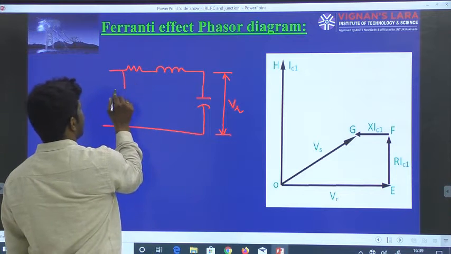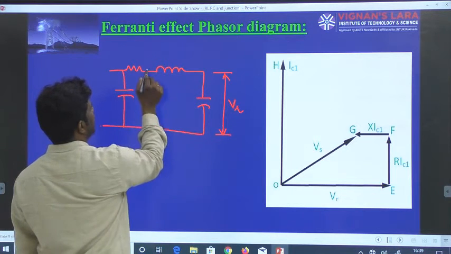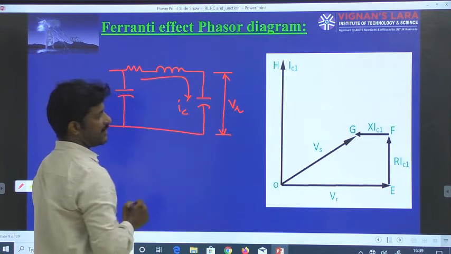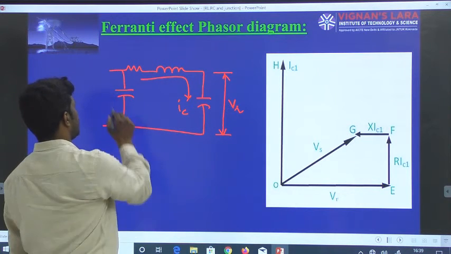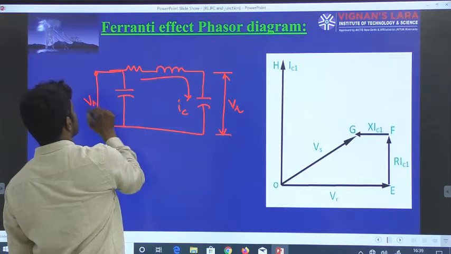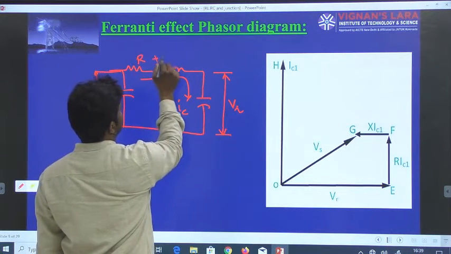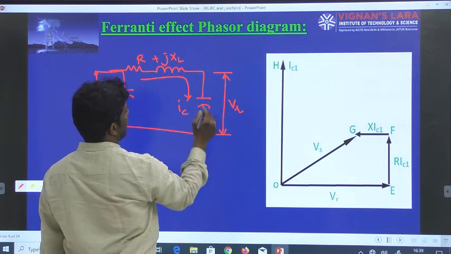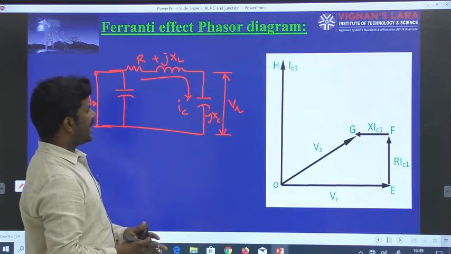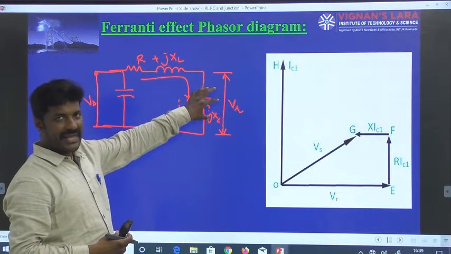Here also one more capacitor is there, and this is the charging current passing in this direction, IC. And this is the voltage Vs. This is R plus jXL, and this is minus jXC.